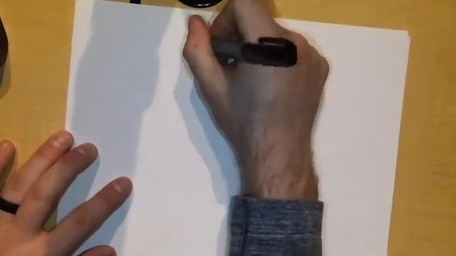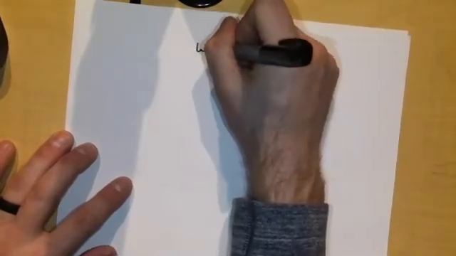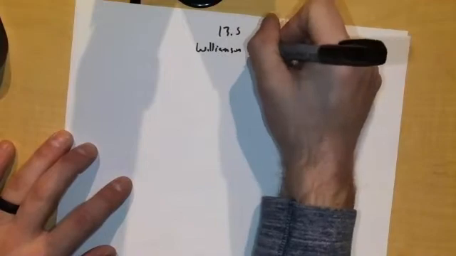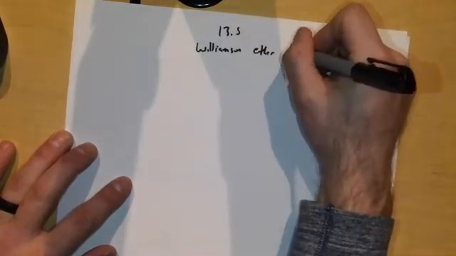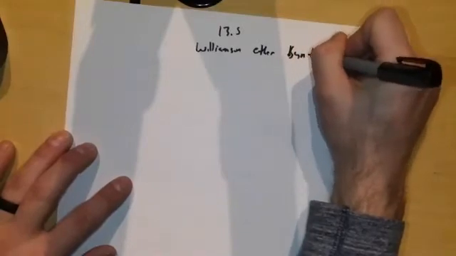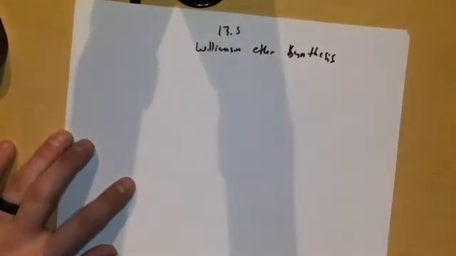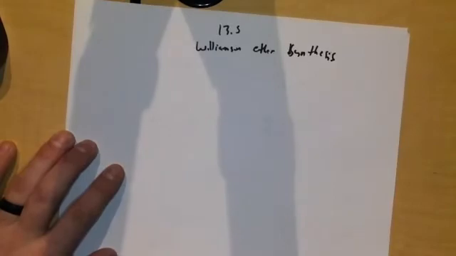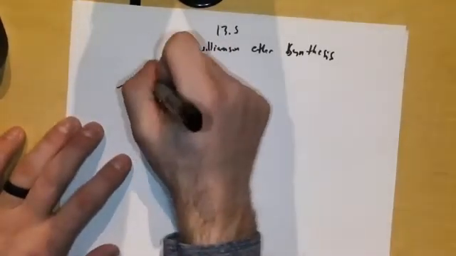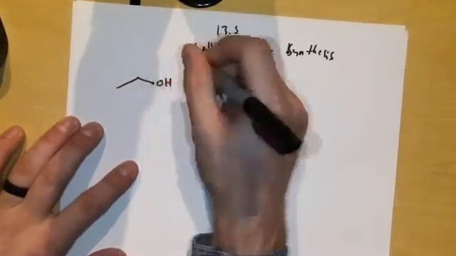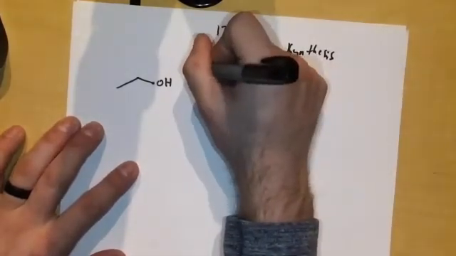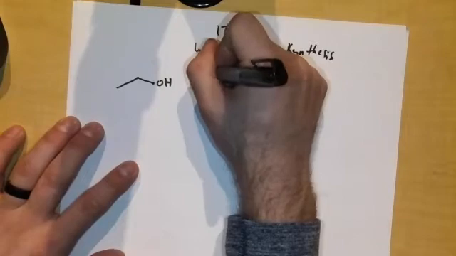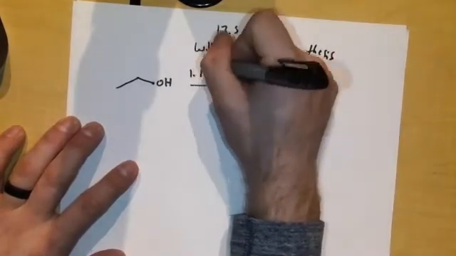So the Williamson ether synthesis, which you may have done in the lab at this point, is where you take an alcohol, throw in a base like sodium hydride, NaH.